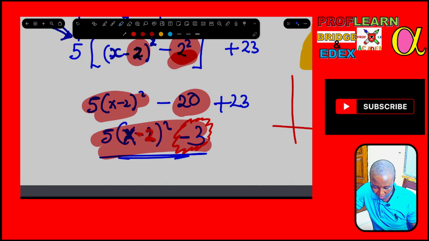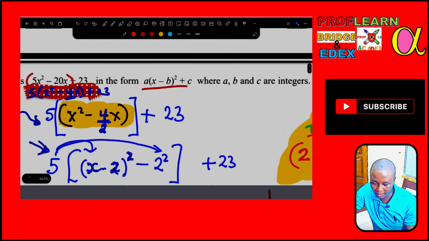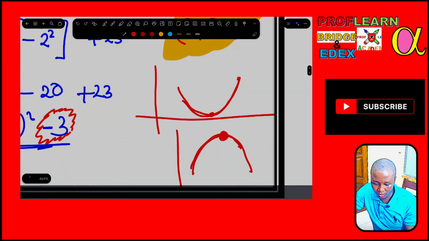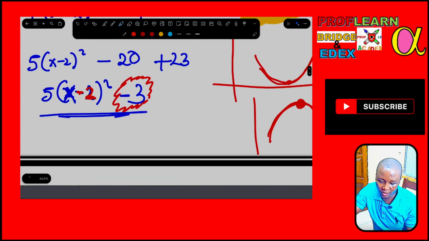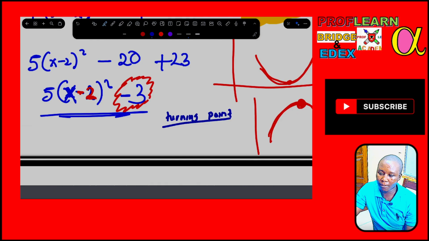Now, once we have gotten this, we can go ahead and state the turning point, because if you are given such a question, they may ask you to state the turning point. Whenever you are asked to state the turning point or the minimum point or maximum point, you read the number that you have inside here.